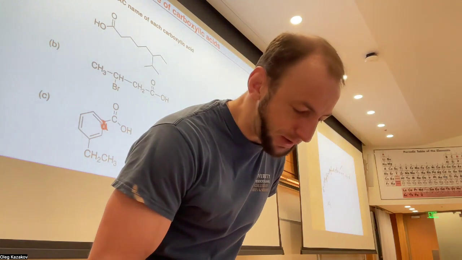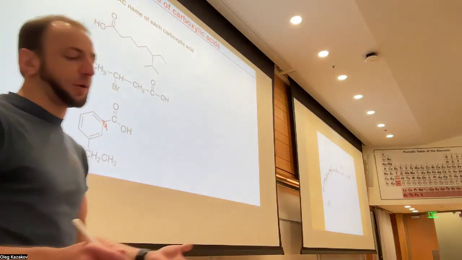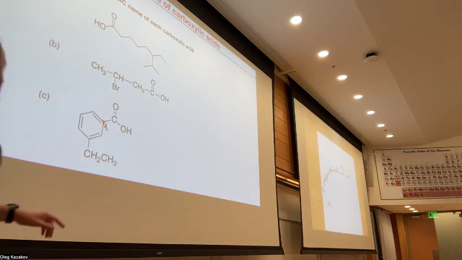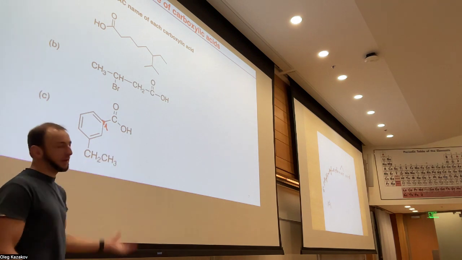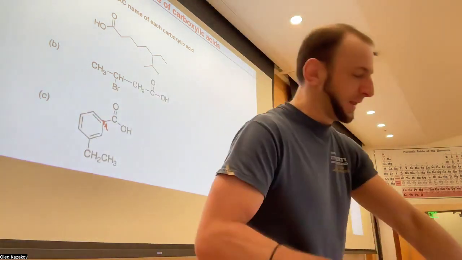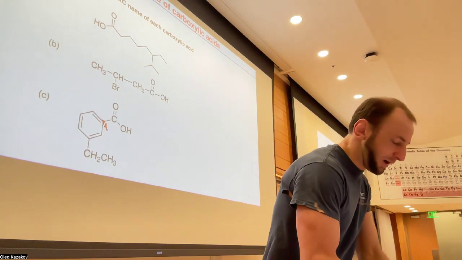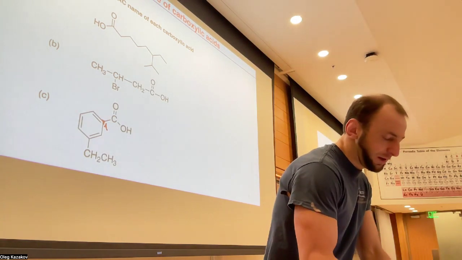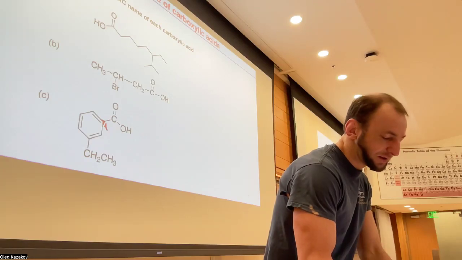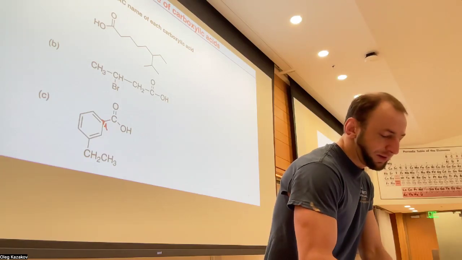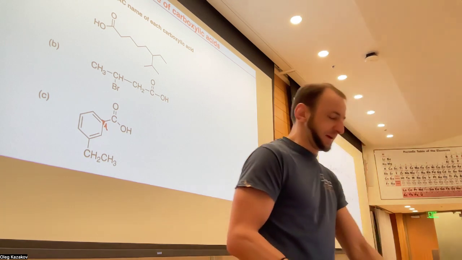Okay, we'll go 1, 2, 3. So 3 is much lower, right? So you can just say that on carbon number 3, there is an ethyl. And then this will turn into 3-ethylbenzoic acid, right?